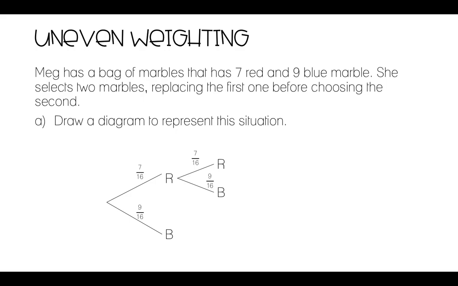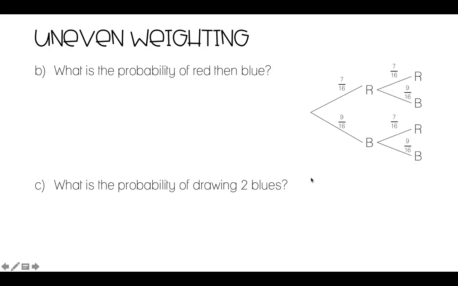If we took the marble out and kept it out, it would drop the number of possible outcomes and change the probability. So it's important to make sure you read the question and what is actually happening. Then if we go back down to our blue marble, again we have red or blue, which is 7/16 and 9/16.